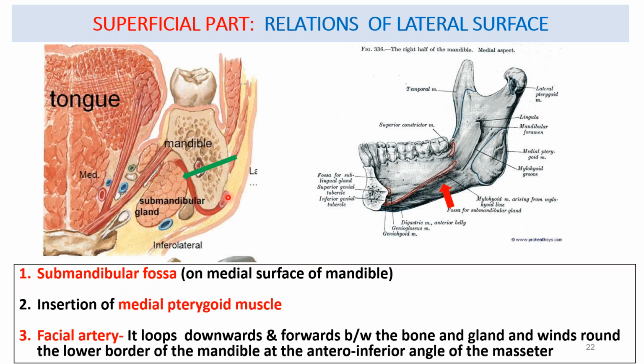This is a site where, after clenching the masseter, you can feel the pulsation of the facial artery. So the superficial part, lateral surface, will be related to the submandibular fossa of the mandible, to the medial pterygoid insertion, and to the facial artery, which is turning its course in between the gland and the mandibular fossa.